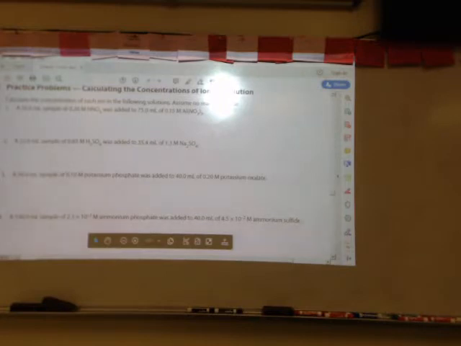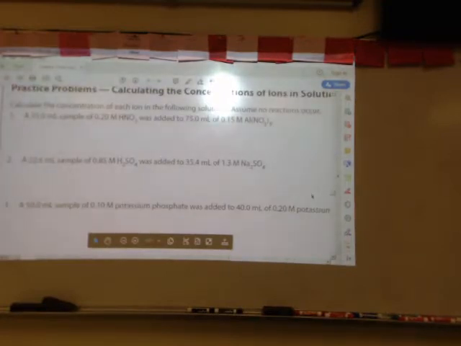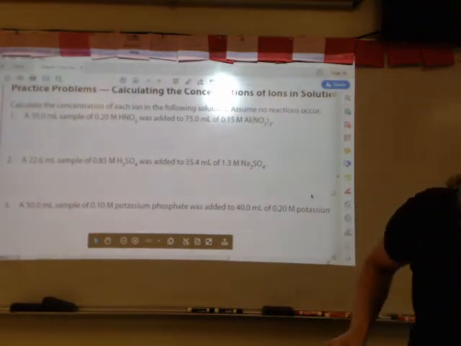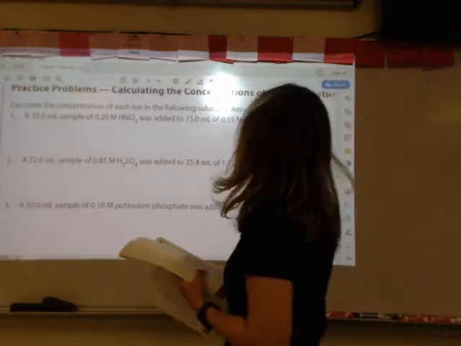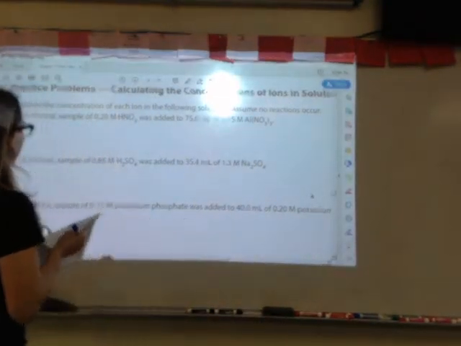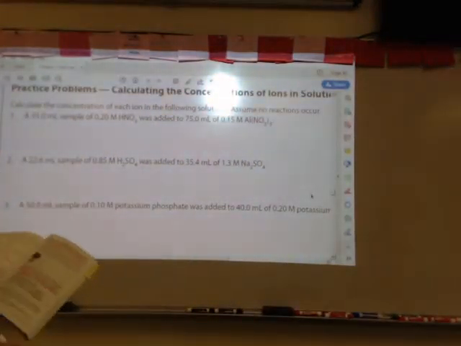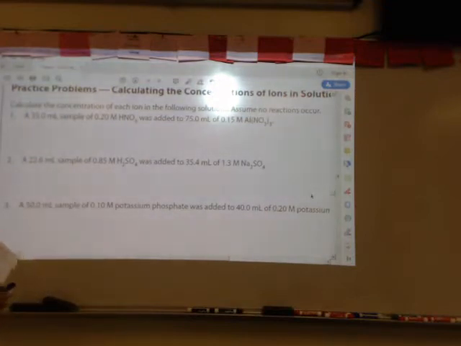If we take a look at number 1, for instance. So here it says, calculate the concentration of each ion in the following solutions. Assume that no reactions occur.